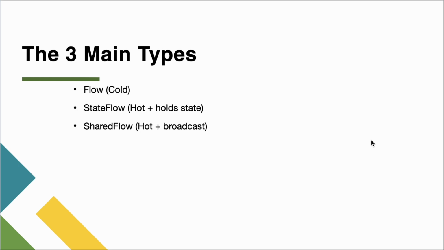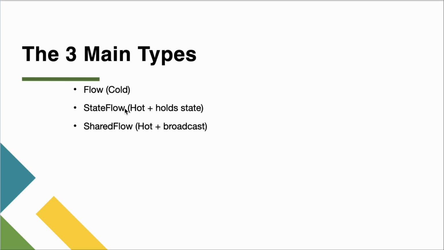Now, there are three main types of flows. One is cold flow, then state flow, which is hot plus hold state, and shared flow, which is hot plus broadcast. Think of all three as beverages. Flow is nothing but a cold coffee.